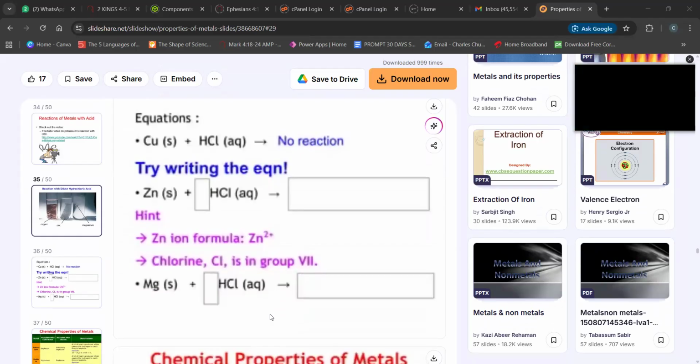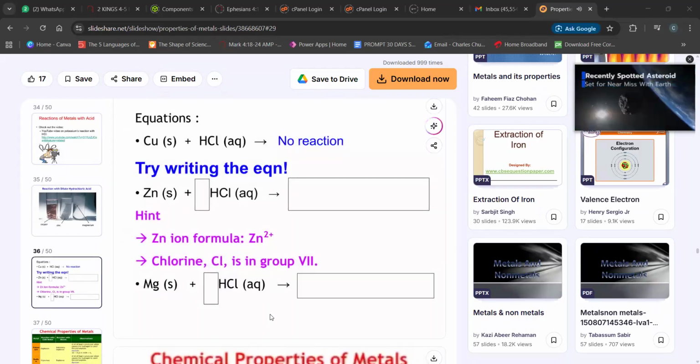So let's see what we have here. This is copper reacting with HCl.